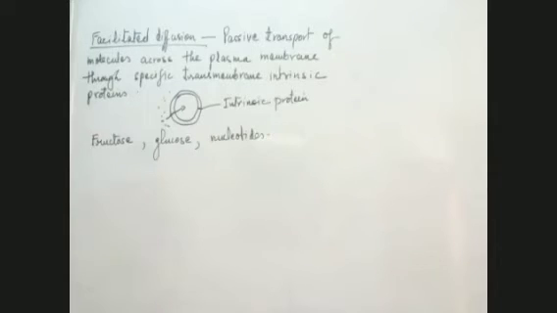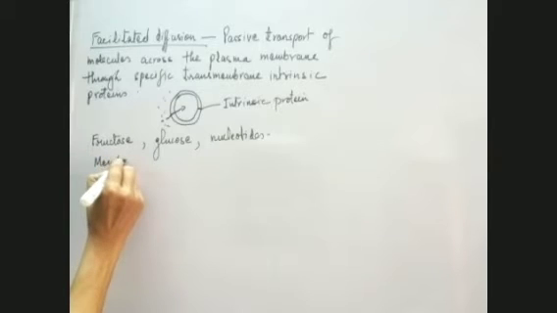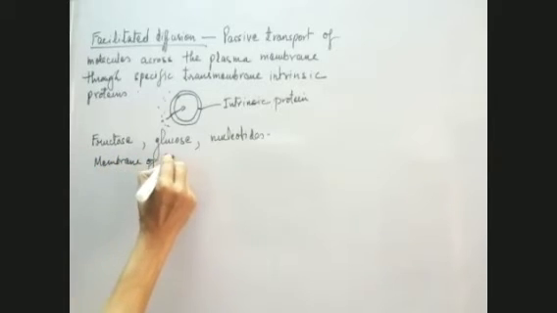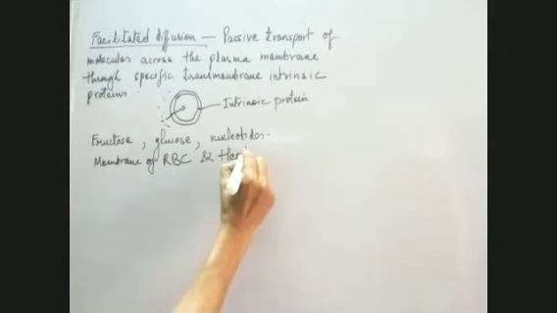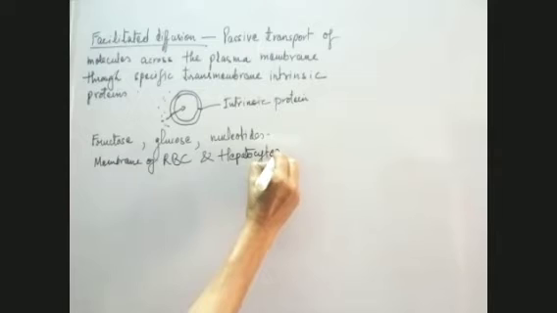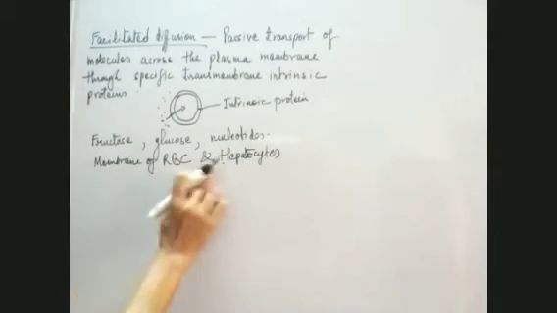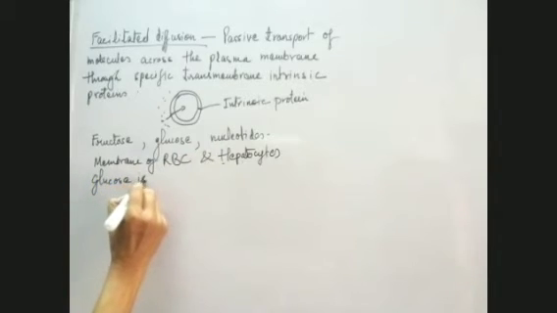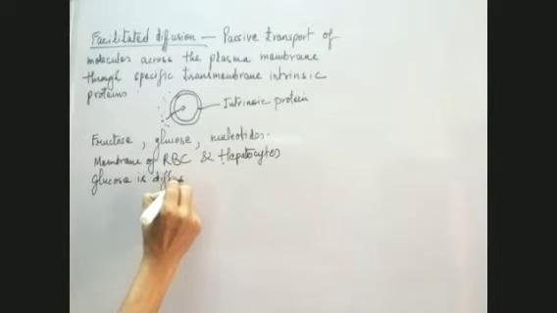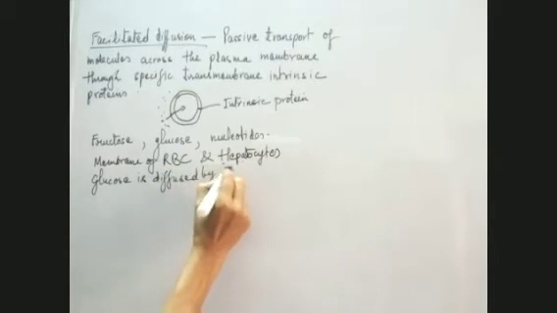Now, if we see the membrane of RBCs and hepatocytes, hepato means liver, cytes means cell, liver cells, there glucose is diffused through the membrane by facilitated diffusion.